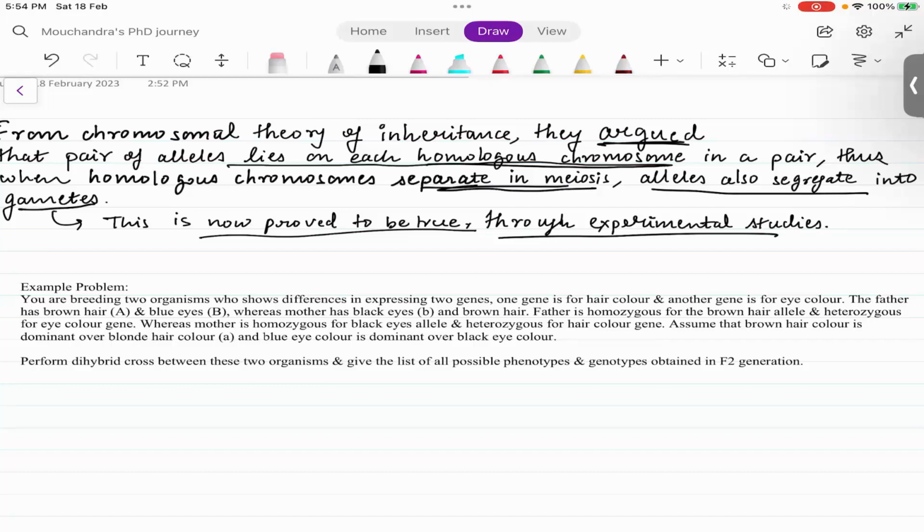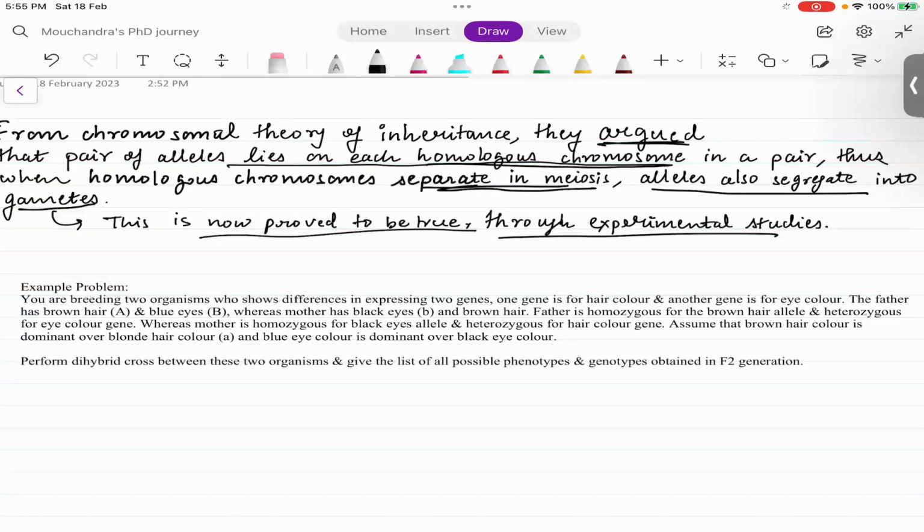Next we are going to understand the characteristics of the father. The father has brown hair and blue eyes, whereas the mother has black eyes and brown hair. Father is homozygous for brown hair allele and heterozygous for eye color gene, whereas mother is homozygous for black eye allele and heterozygous for hair color gene.